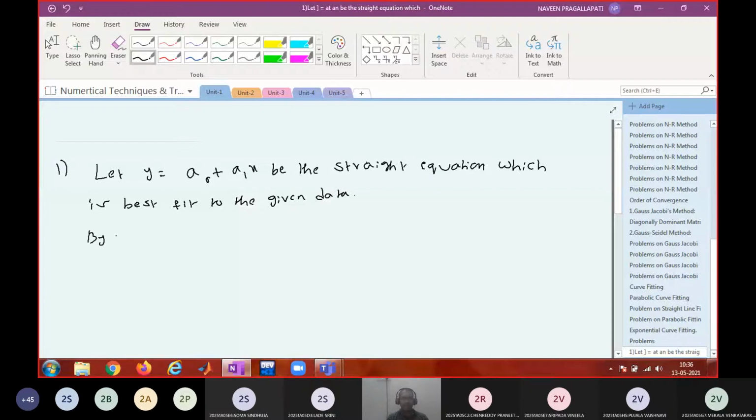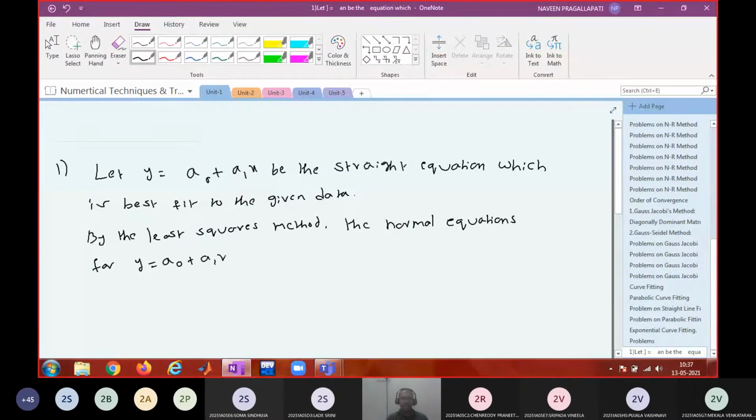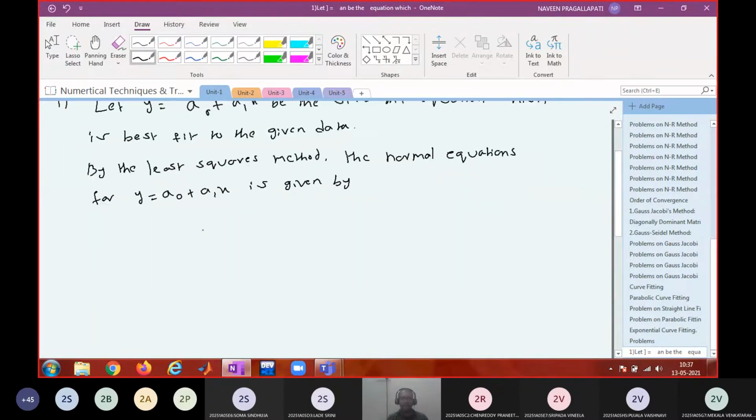Okay, so by the least squares method, the normal equations for y equal to a0 plus a1x are given by, just rewrite those normal equations again.